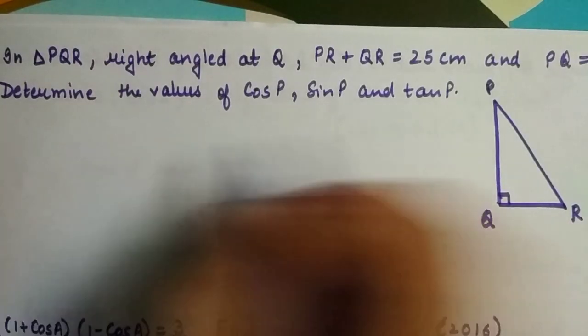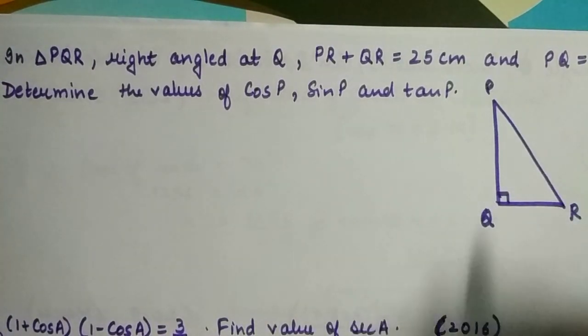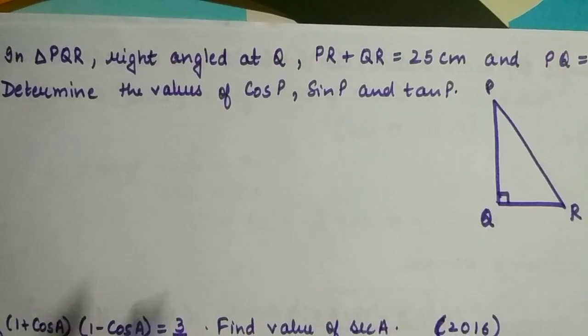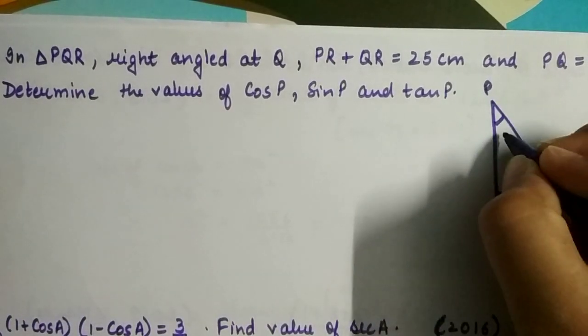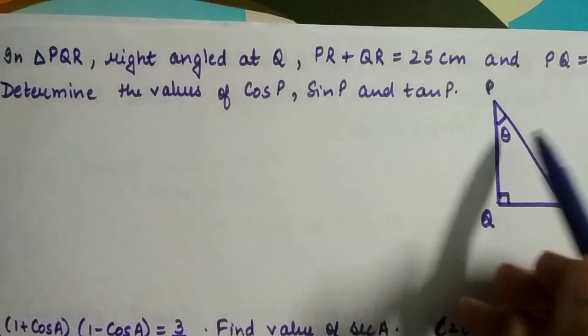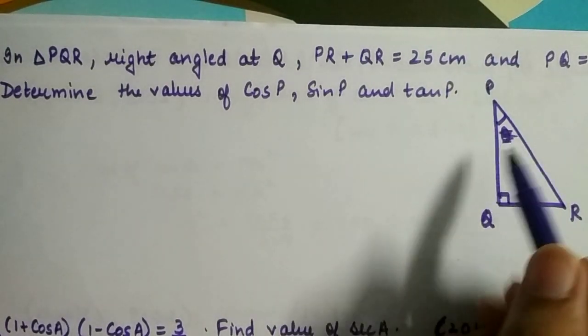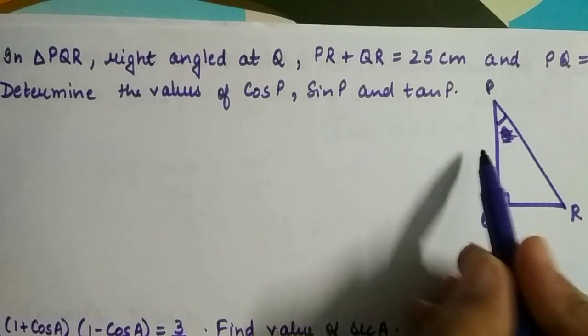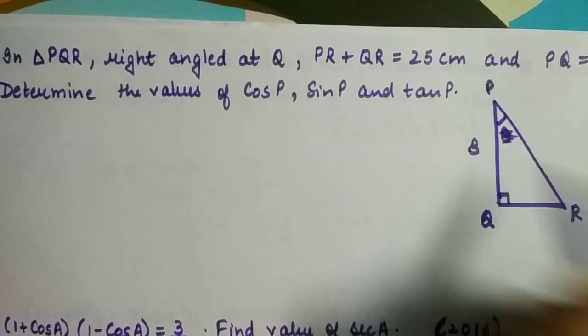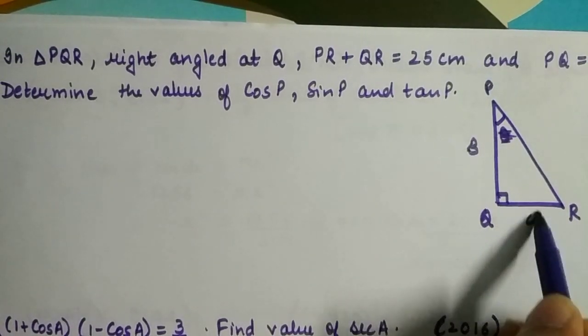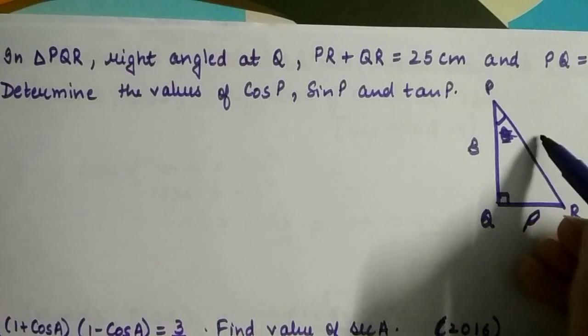You will use Pythagoras theorem to find the sides. Here we just consider angle P as theta. So your base will be PQ, perpendicular will be QR and hypotenuse will be PR.